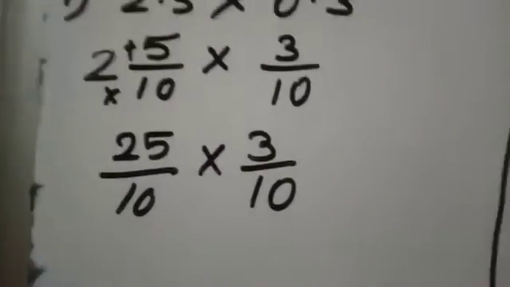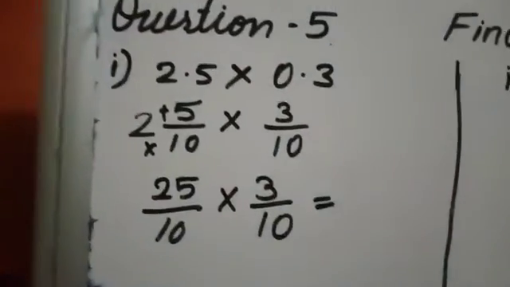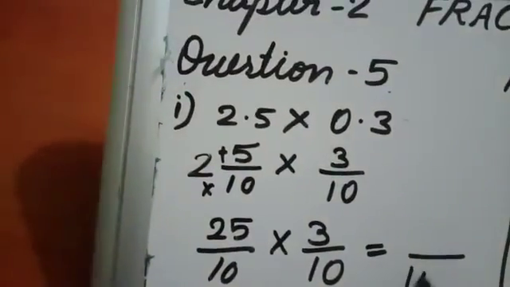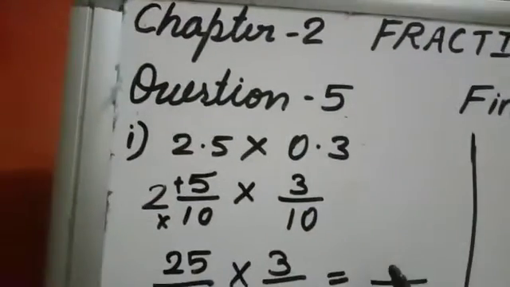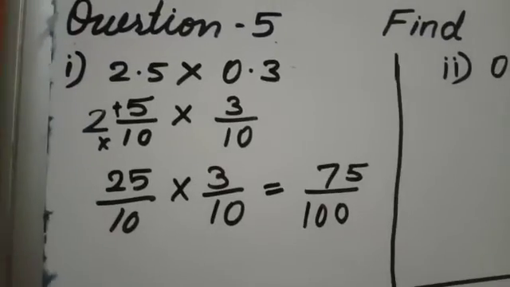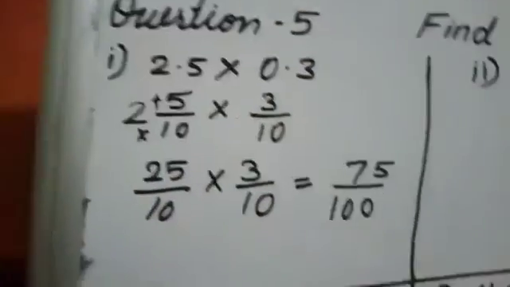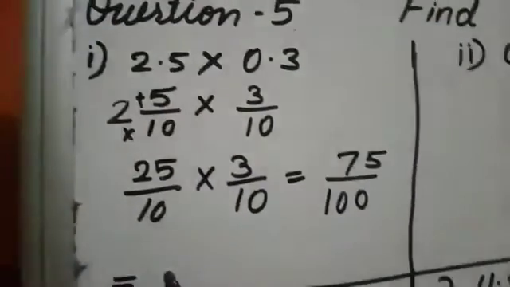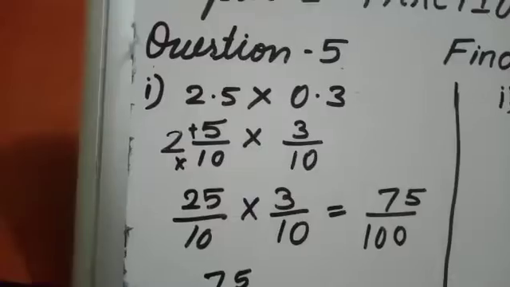Now you can write it in this way, as we know that the product of numerator, product of denominator. 10 10s are 100, 25 3s are 75, 75 upon 100. If we write in the form of decimal, as we know that there are two zeros, so 75 upon 100 can be written in the form of decimals.